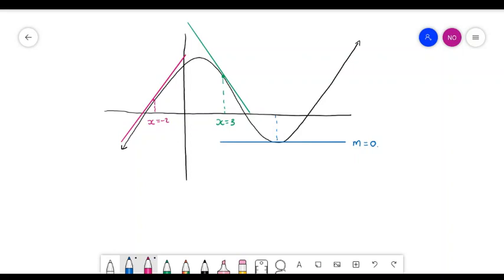Because not all graphs have a constant gradient. So the gradient changes as the x value changes. But it's important that you guys take note of that. Die afgeleide van die funksie gee vir jou die gradiënt van die funksie, which will not always be just a number.